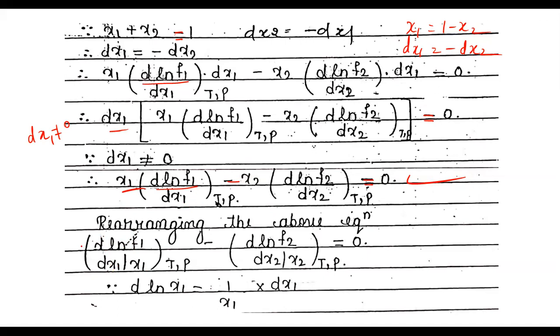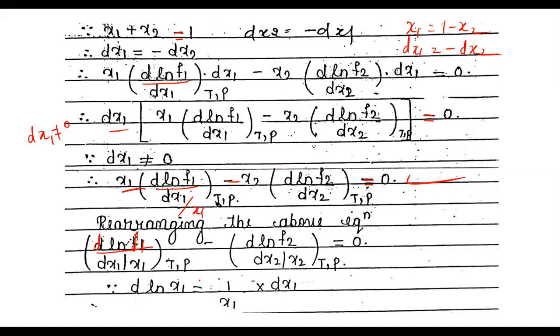So it is the derivative of ln f1 divided by x1. Just rearrangement. Now we can write this equation, minus, similarly here, the derivative of ln f2 upon dx2 into x2, it is equal to 0.